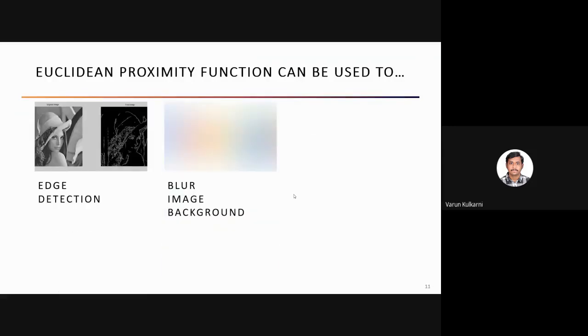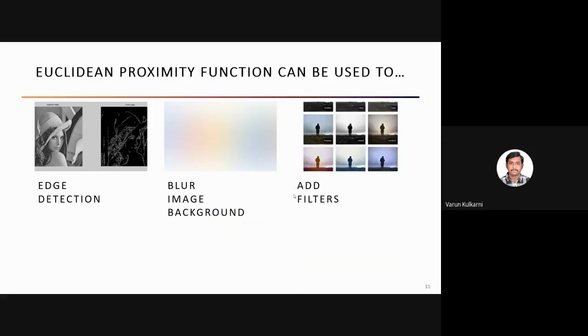The second use is we can blur the image. Using the proximity function, we can calculate neighbor or same points, and use those values to blur the image. Third, we can also add filters to our image. So this is the main usage of the proximity function.